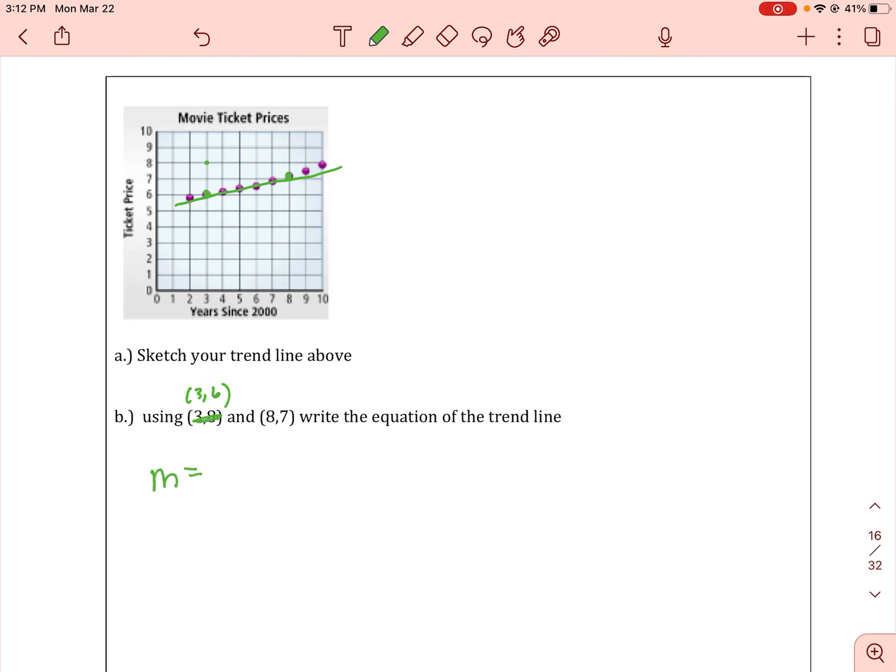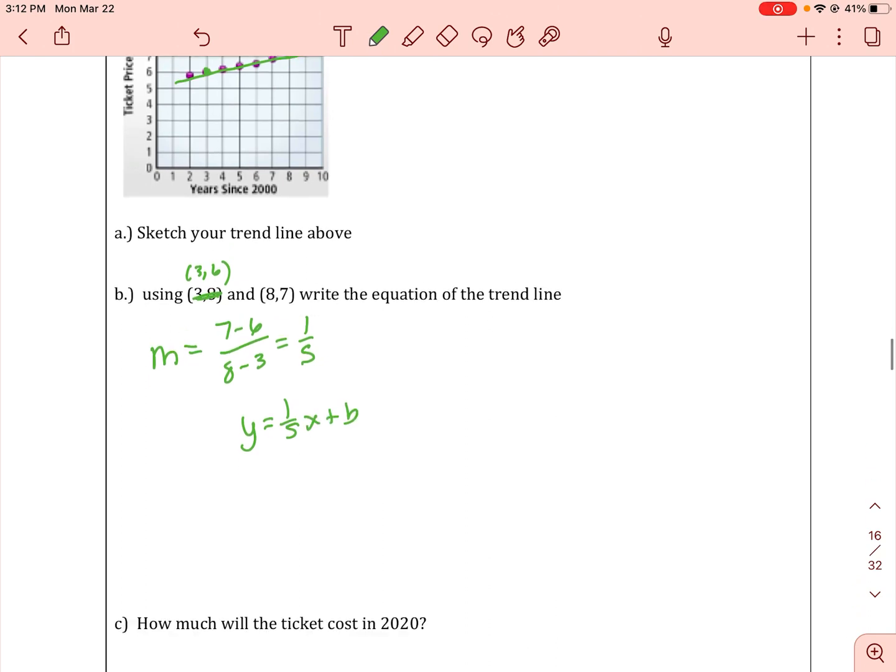At first, remember, I need to find my slope. Y2 minus Y1 over X2 minus X1. And I get a positive 1/5. Now I need to find my b.